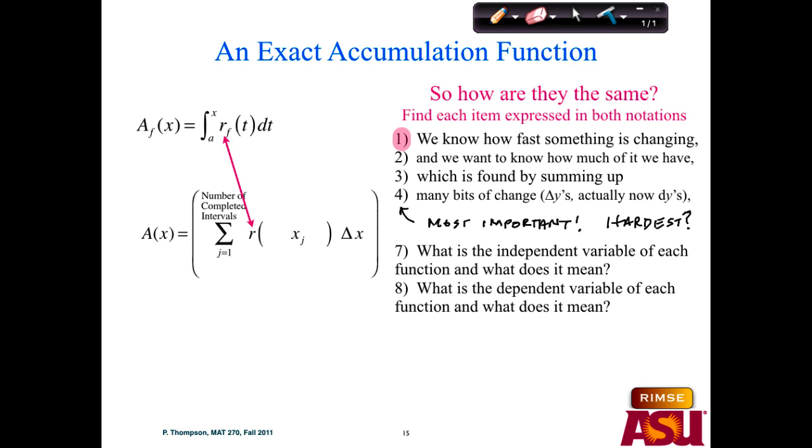We want to know how much of it we have. How much do we have in the first and the second expression? Or in this case, how much change, how much variation we have in that quantity. So what expresses how much variation we have? Well, that was number 1, how fast it's changing. So now how much variation do we have based on that?